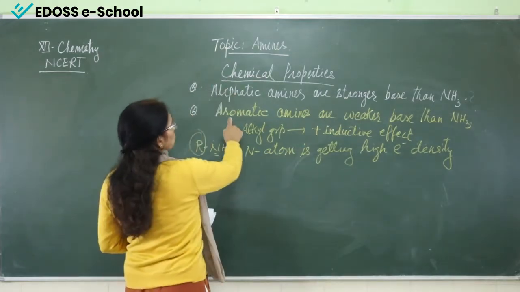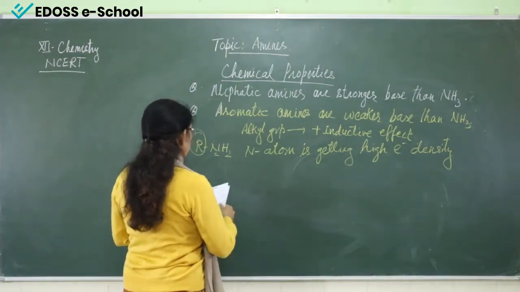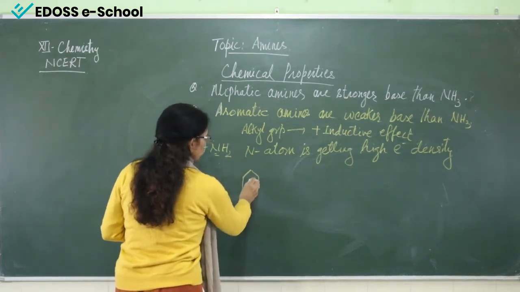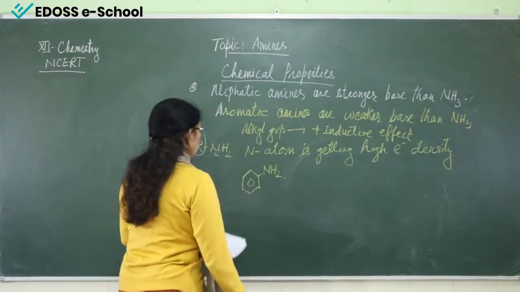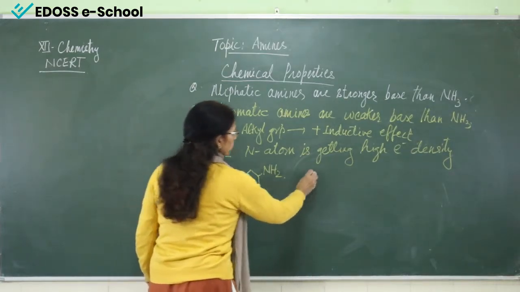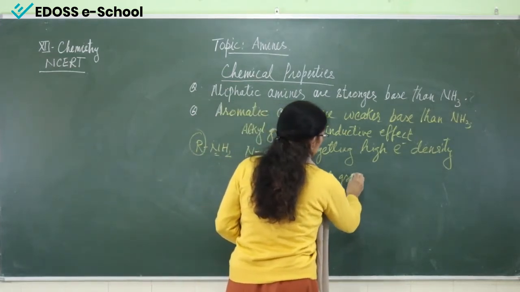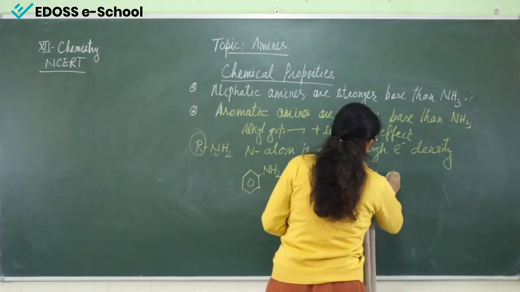Now, if I am talking about aromatic amines, so what is happening in aromatic amines? We know this is aromatic amine. This is benzene, and here aryl group. This aryl group is electron withdrawing group.